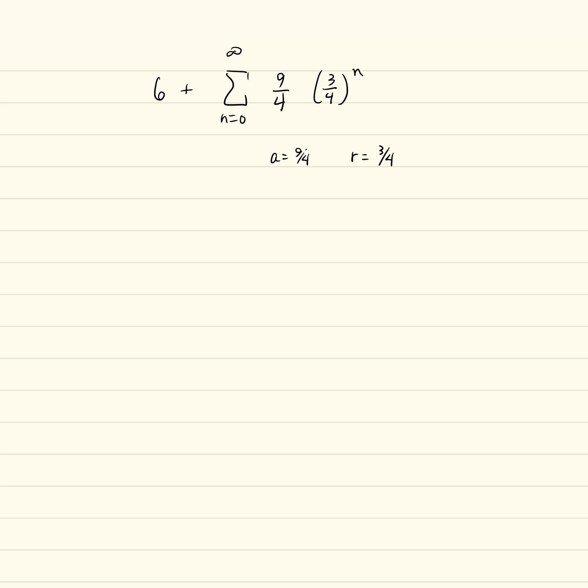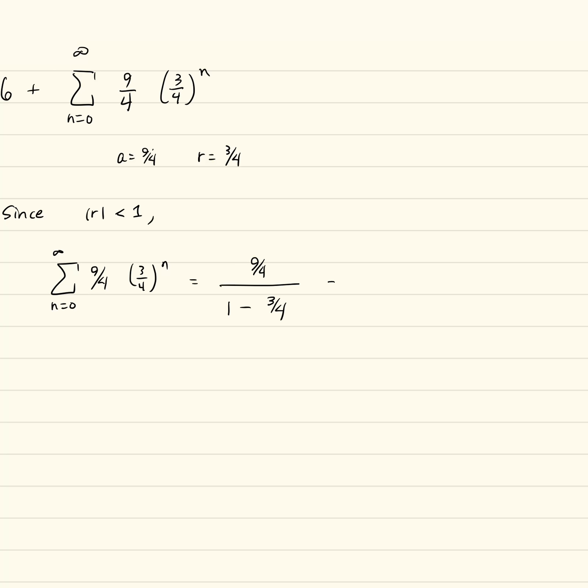So since the absolute value of r is less than 1, my series is equal to 9/4 over 1 minus 3/4. So this is going to be 9/4 over 1/4, which is 9.